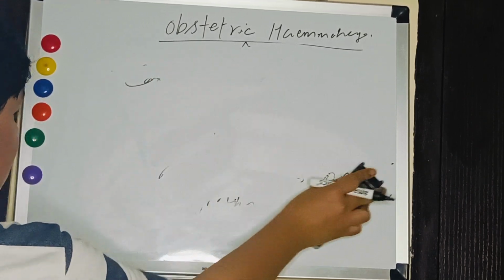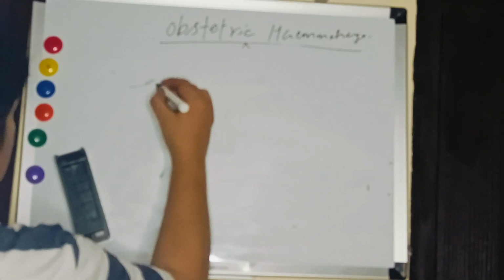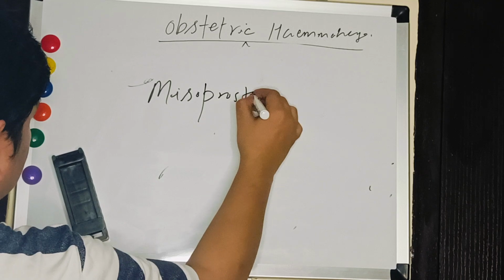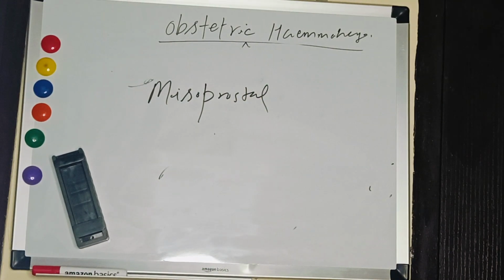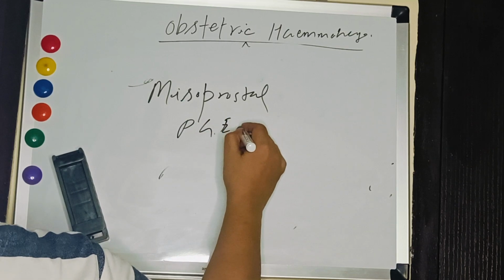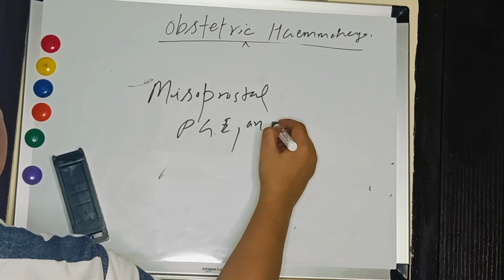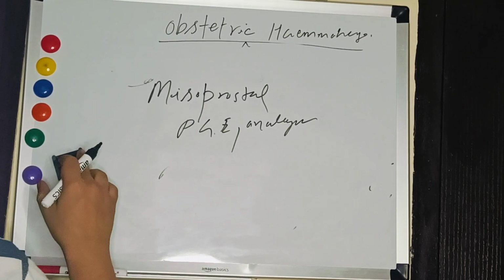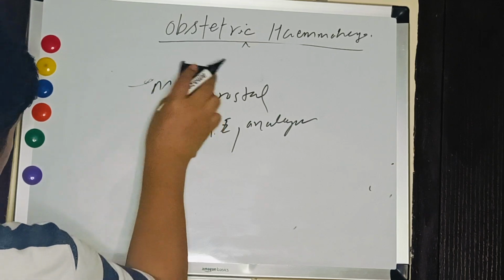Misoprostol, a prostaglandin E1 analog, dose is 1 milligram rectally, vaginally or orally.